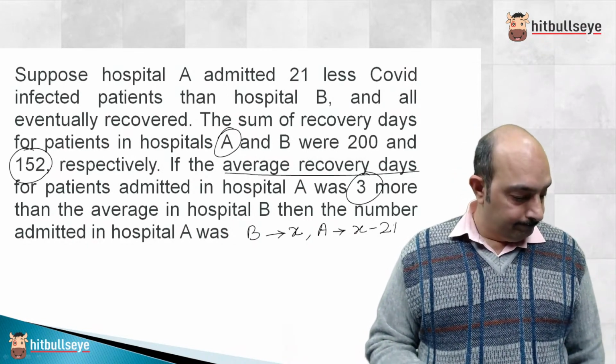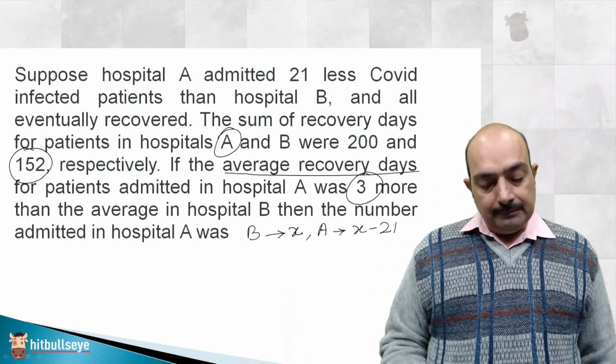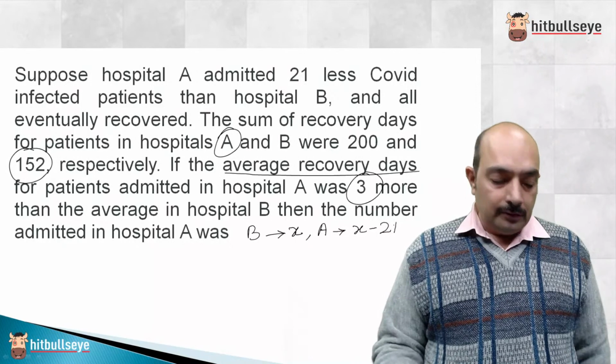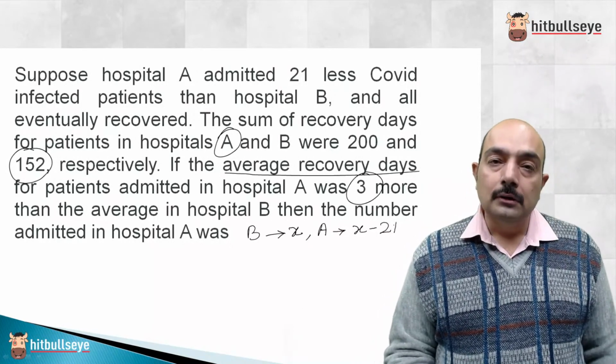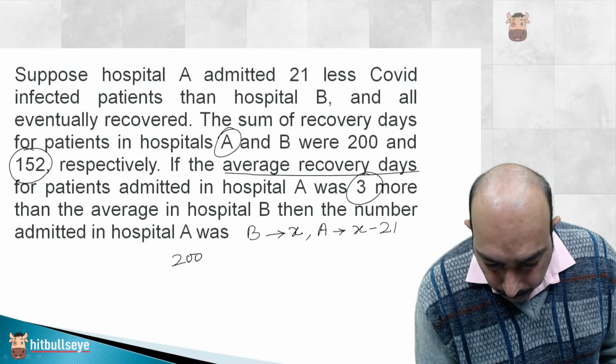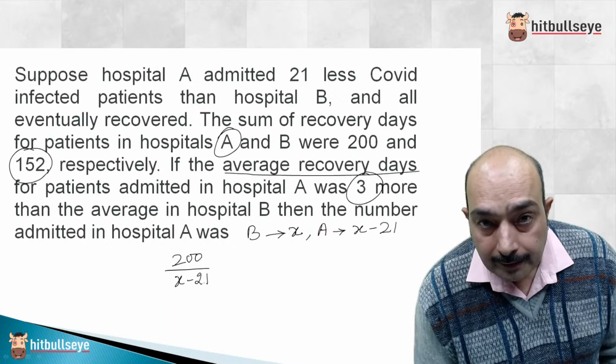Yes. So it's as simple as that. Exactly, the average would be total recovery days divided by the number of patients. So for A that would be 200 by X minus 21.